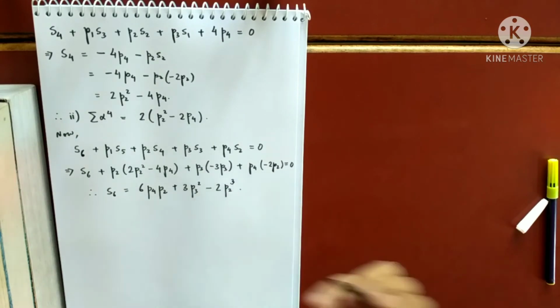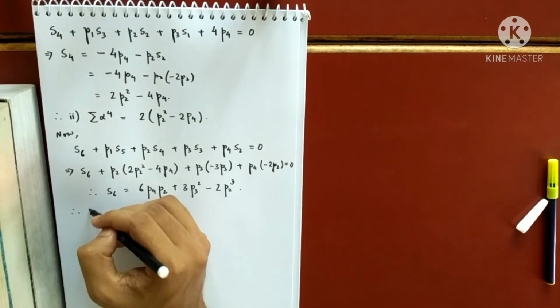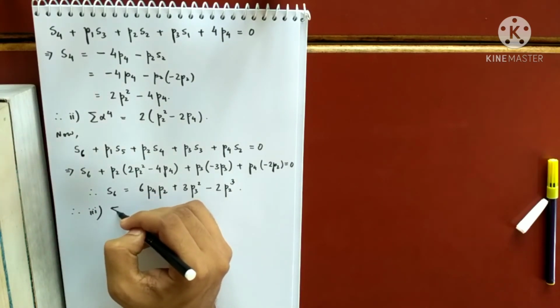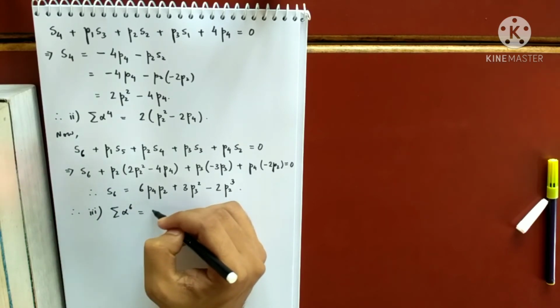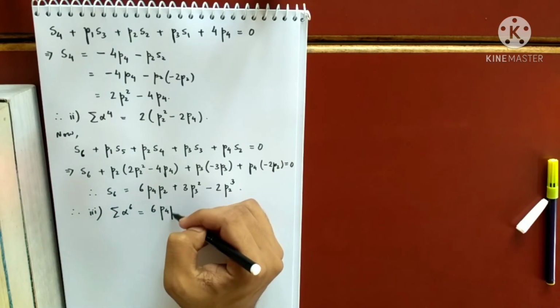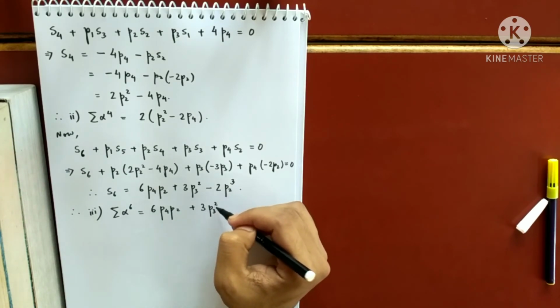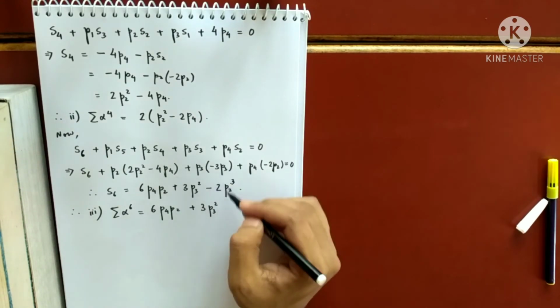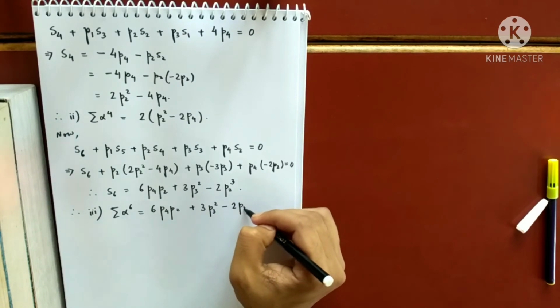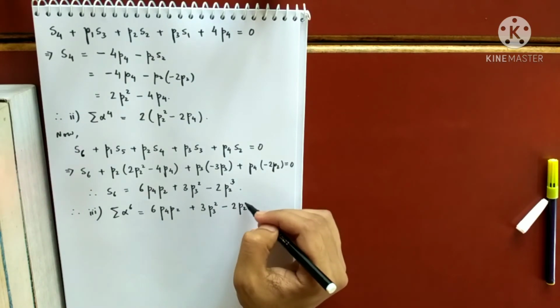You should get this as your answer. So therefore, my summation alpha to the power 6 is nothing but this. Please check whether you are getting this or not and confirm it to me: 6P4P2 plus 3P3 square minus 2P2 cube.